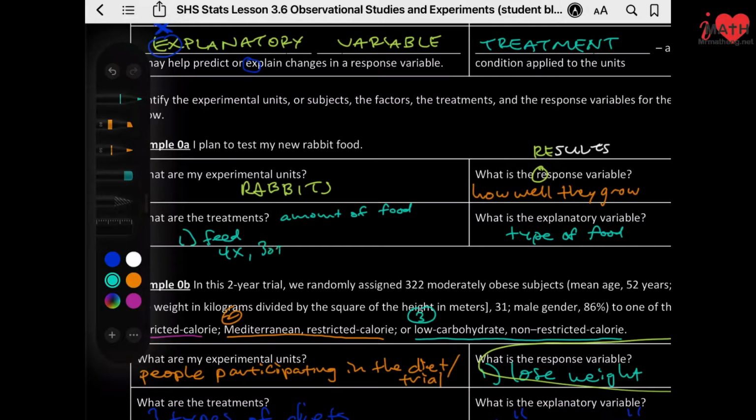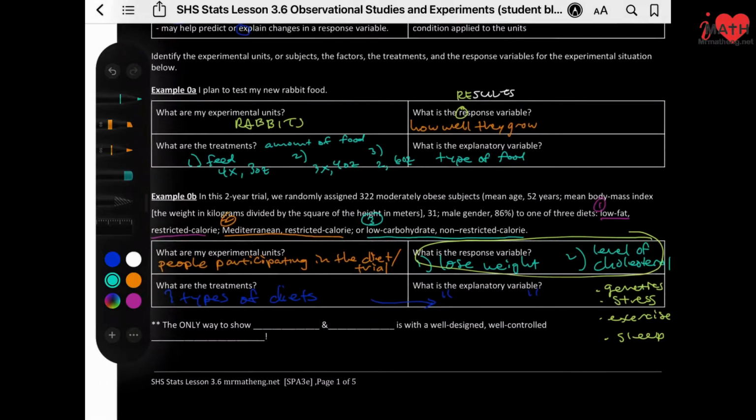I don't know, 3 ounces, so it equals 12 ounces a day. Or maybe you feed them 3 times a day at 4 ounces, so you're still getting 12 ounces of food. Or you feed them twice, but you give them really big amounts of this new food. So you can compare how much.